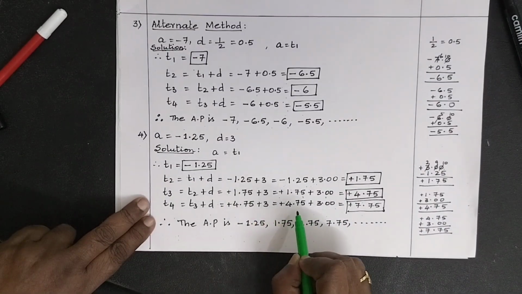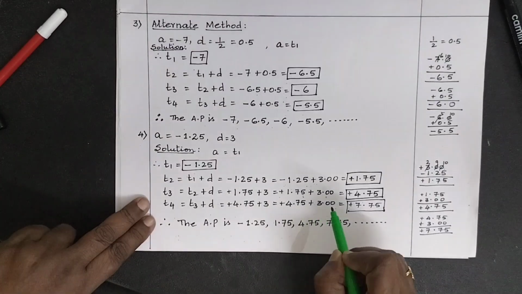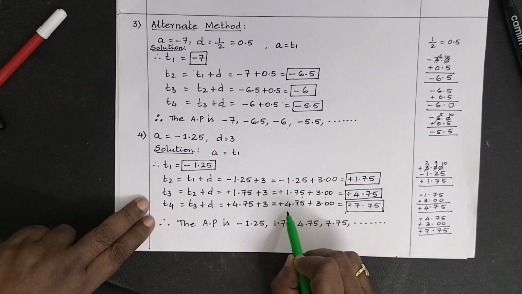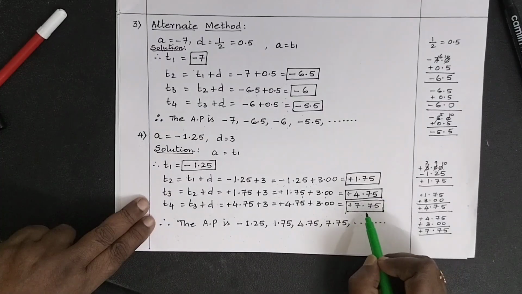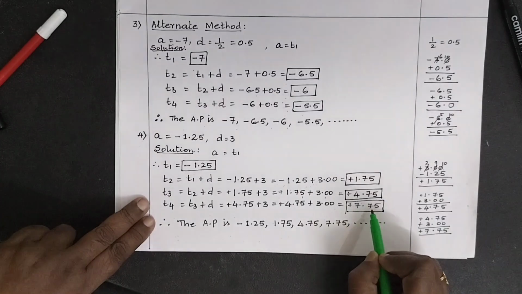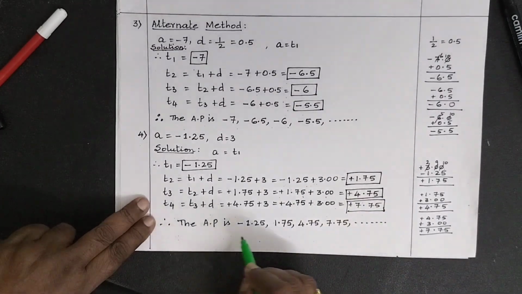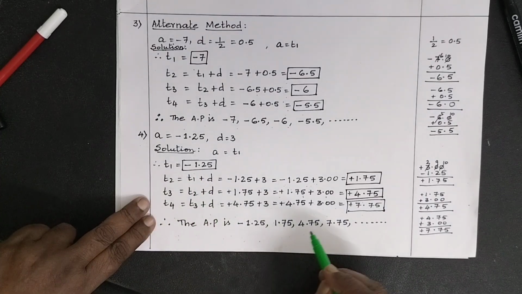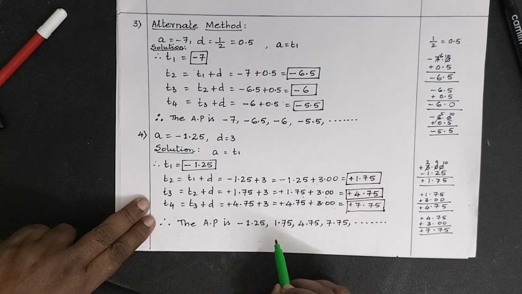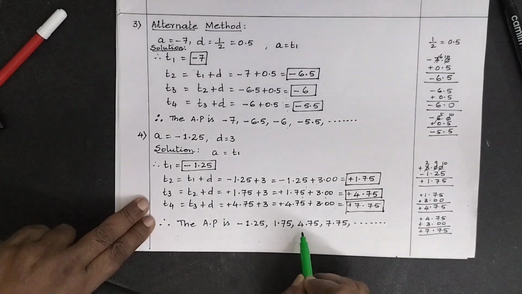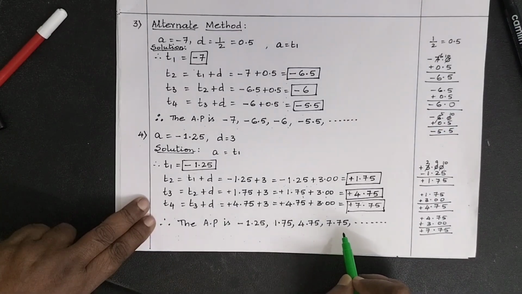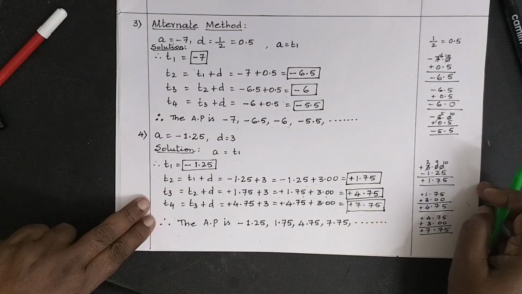So again here the signs are same. Put 3.00, and when the signs are same, put the same sign and add. So we are getting 7.75. So the AP is minus 1.25 and plus. No need to put the plus signs here. So just write 1.75, 4.75, 7.75, etc.